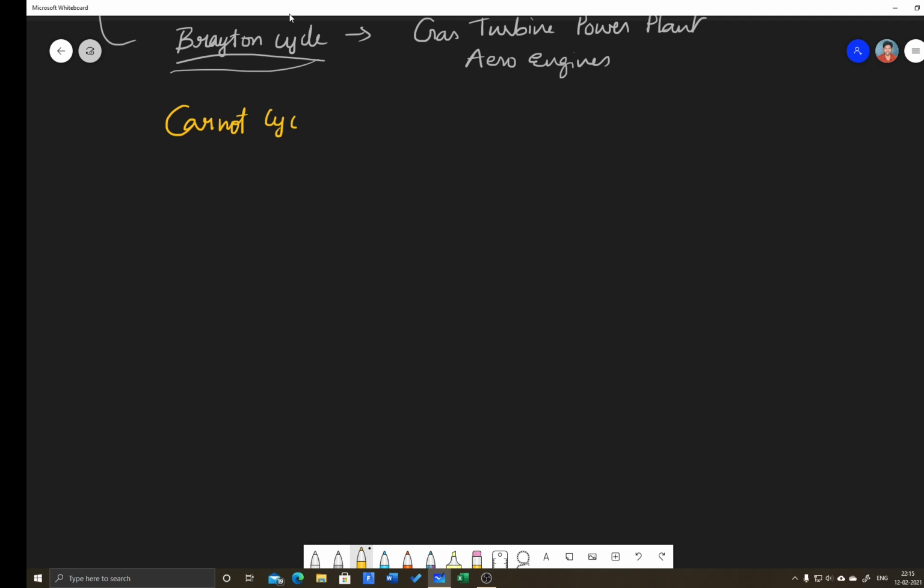In this chapter we will see how cycles are formed by combining different processes, and also for every thermodynamic cycle there is a pattern of processes. Okay, there is a standard template for processes.